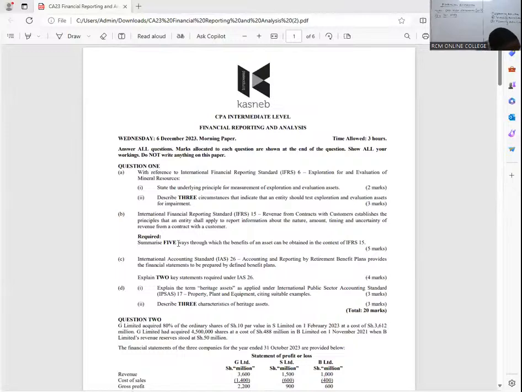First of all, have a look at that paper. Financial reporting is a morning paper. You can look at the first question. That is the structure of what you expect in April, a month and some few days to come.